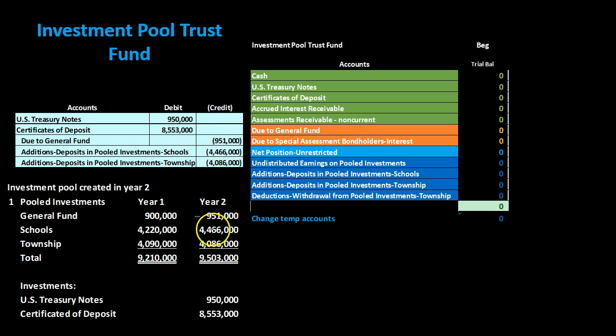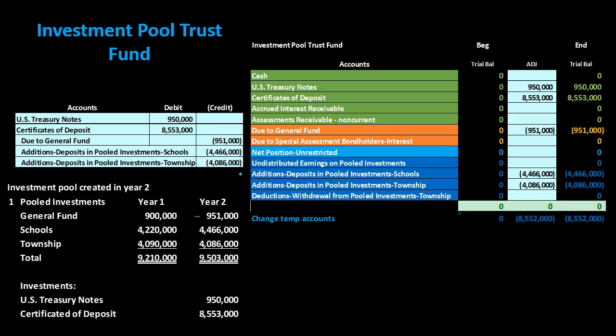which are going to be for the schools and the townships, which are then going to the additions down here, which are like the income statement type of accounts, increasing in a revenue type of fashion, looking at the activity type of fashion, because these two entities are outside of the immediate government entity involved, and therefore we record them down in a flow type of activity, investment or temporary account type.